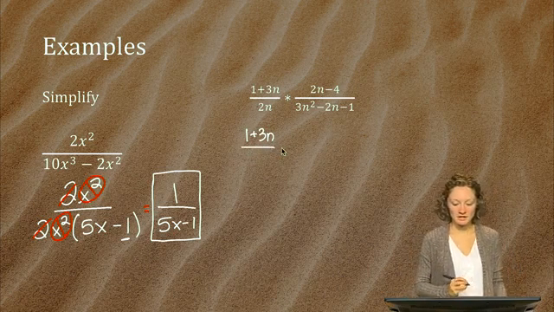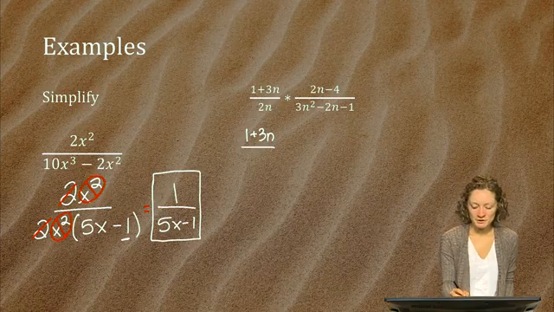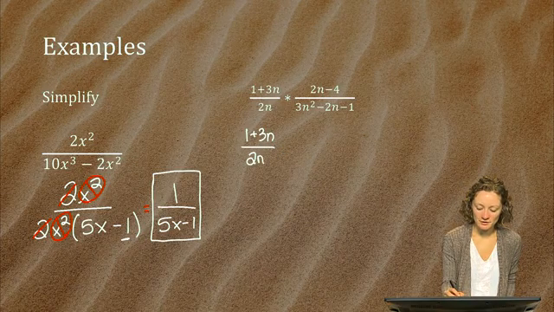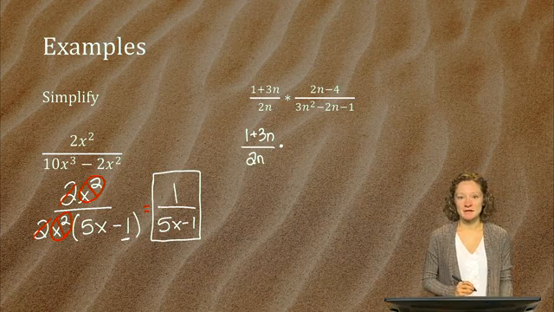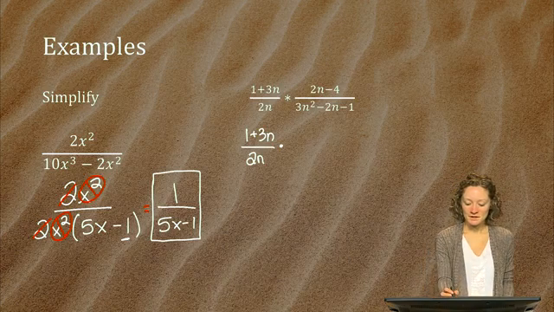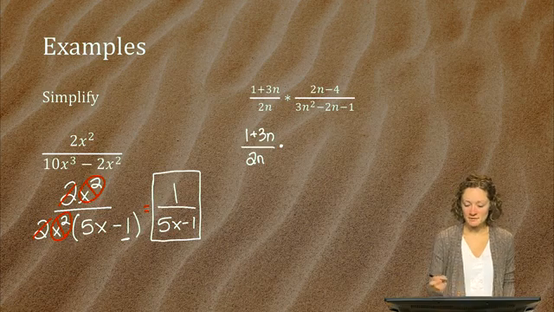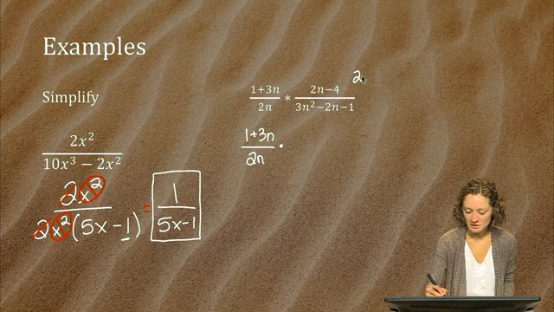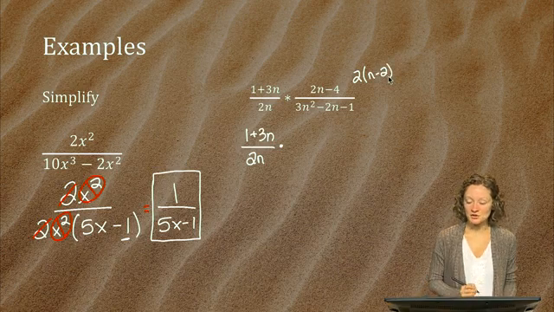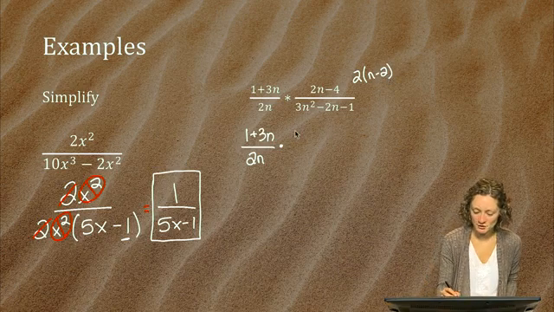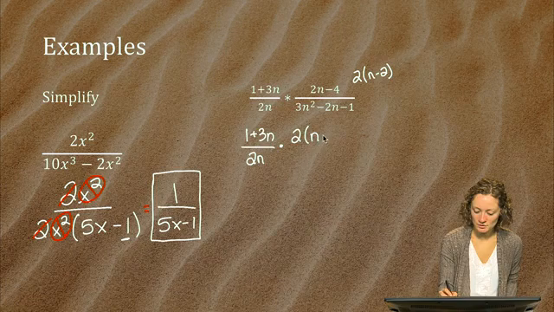Our first denominator, 2n, it's one term, so there's nothing we can do to factor that. This is being multiplied by this numerator, 2n minus 4. First look for our greatest common factor. You can take a 2 out of that, leaving you with an n minus 2. And there's nothing else we can do with the n minus 2, so that's fully factored.